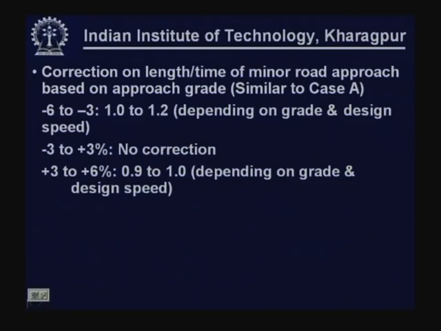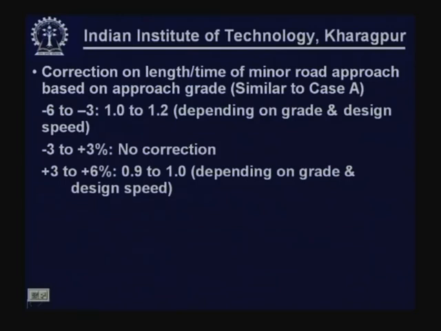This is again similar to what was done for case A. For -3 to +3% approach grade along the minor road, there is no need for any correction, but from -3 to -6, correction factors will vary in the range 1.0 to 1.2 depending on the grade and the actual design speed.